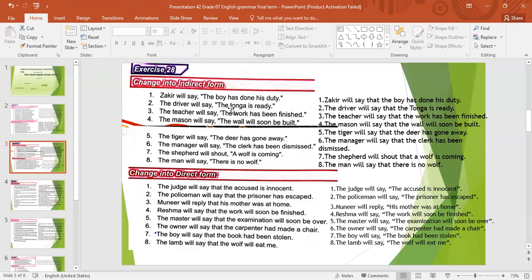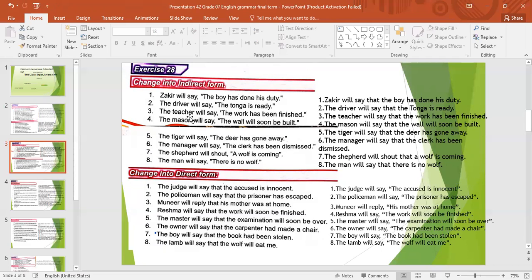Dear student, the tanga is a cart, a vehicle pulled by a horse, usually used in Pakistan. So the indirect speech is: the driver will say that the tanga is ready, just adding that to change the sentence into indirect speech.